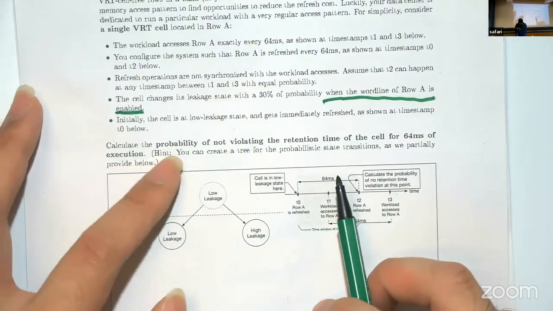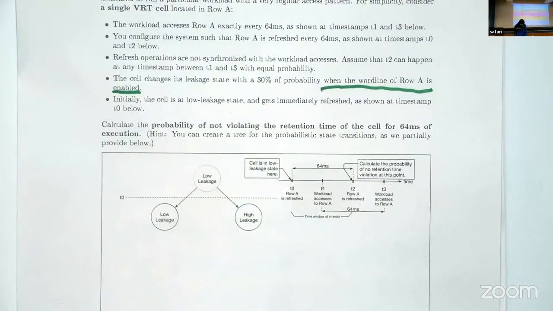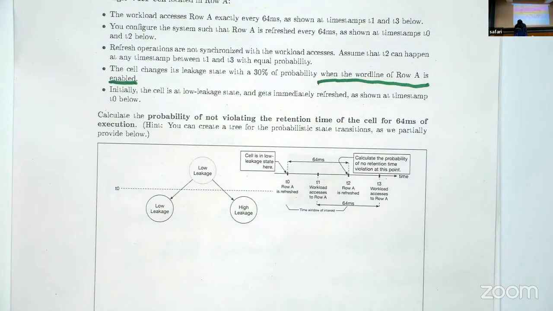So we need to calculate the probability of not violating the retention time of the cell for 64 milliseconds of execution given these configurations. It also provides a hint that we can construct a state transition probability tree to evaluate all the possible outcomes, and then we can compute the probability.